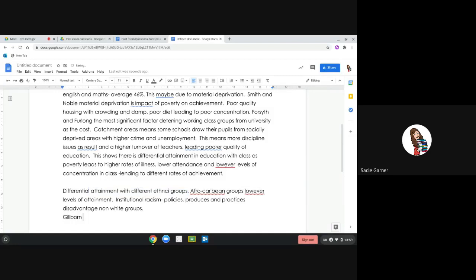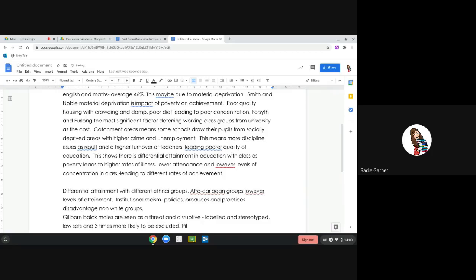For Gilborn, black males are seen as a threat and disruptive. They're much more likely to be labelled and stereotyped, more likely to be in lower sets and 3 times more likely to be excluded.